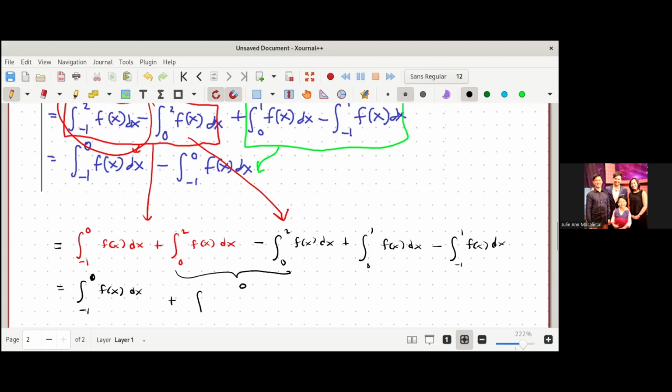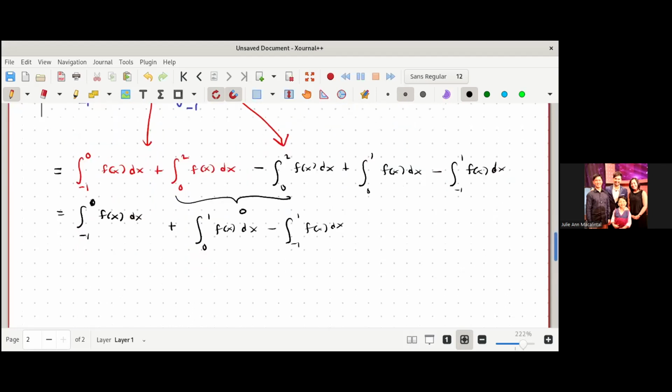So may iwan, f of x dx. So, yan yung next na step. So here, yung ginamit ko lang ay a number and its negative is 0. And ano yung next na pwede kong gawin?